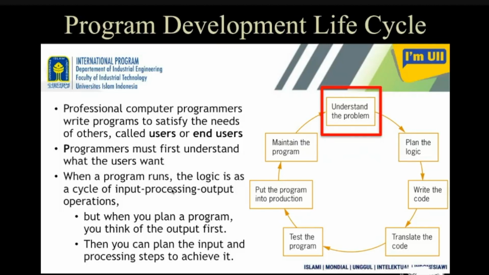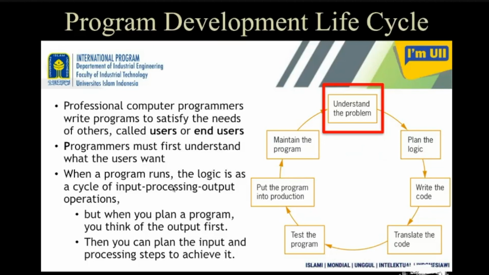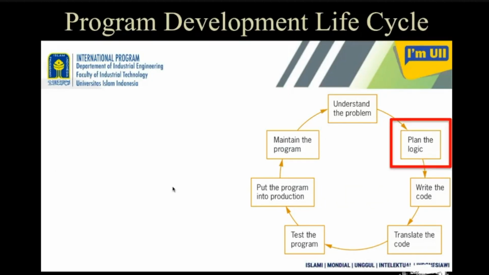But when you are planning to write a program, you have to understand the output first: what output you have to generate, then what input you need to generate that output, and then what steps in between you have to perform. So first the output, then the input, and then the processing steps to convert those inputs to output. These are the things you have to understand before writing the program.